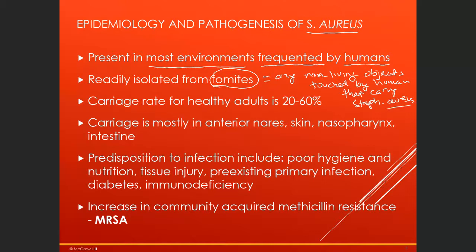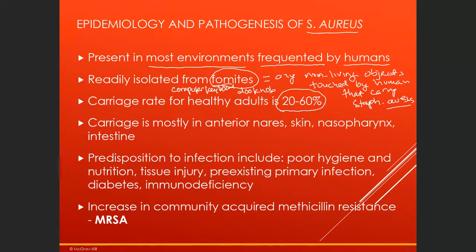For example, a doorknob, maybe a computer keyboard. So that's a fomite.